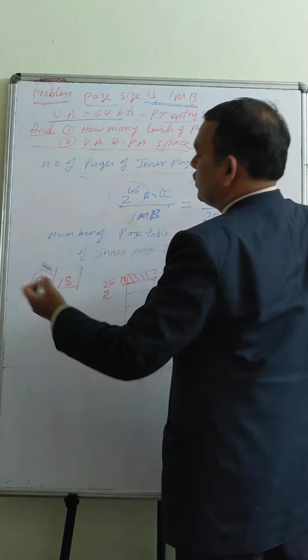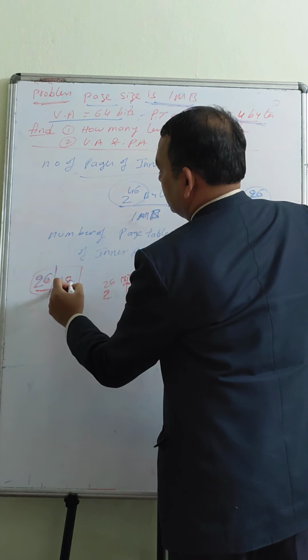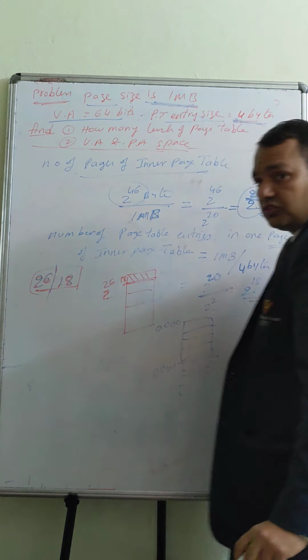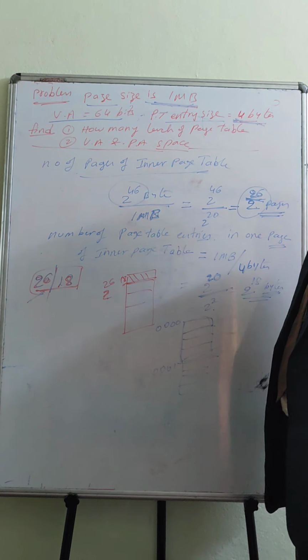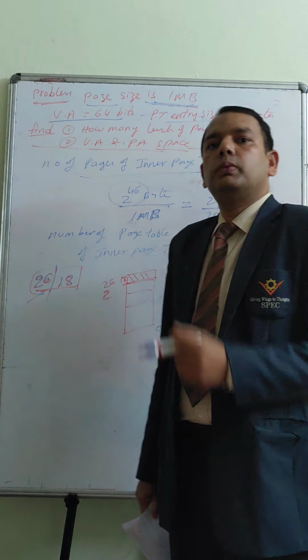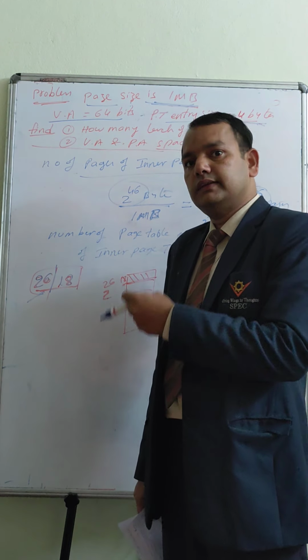This will be stored in the outer page table like this: 26, 18. This 26 is the 2 power 26 pages of the inner page table.